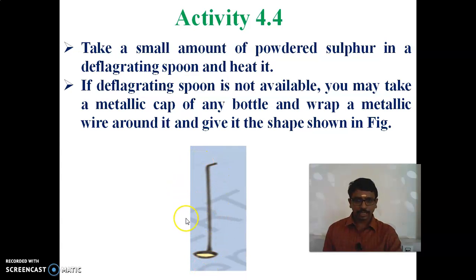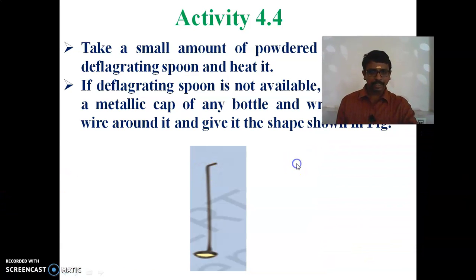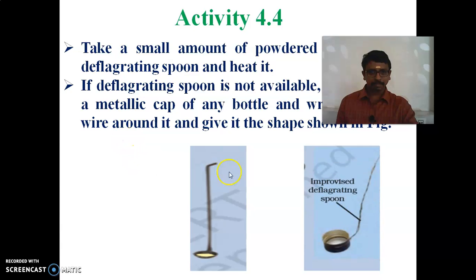So it is a deflagrating spoon. With it we can take the sulfur powder, and the metallic cap of a bottle can also be used. With that help we can take the sulfur powder.